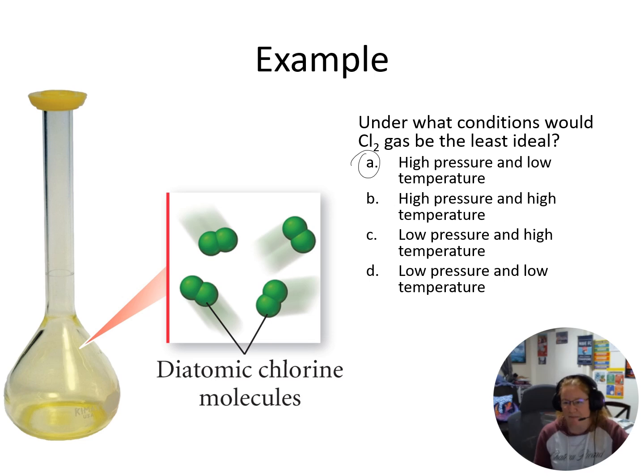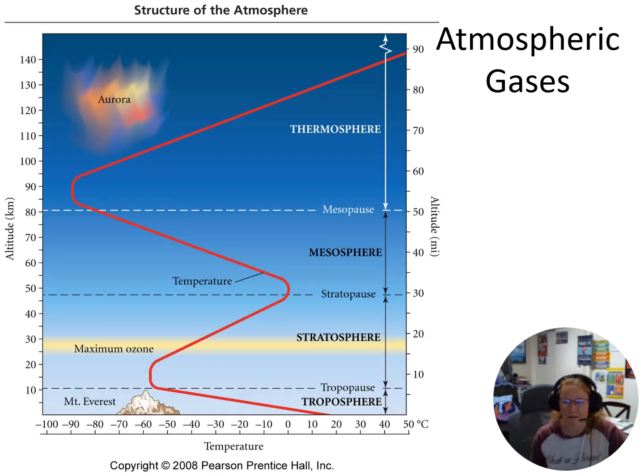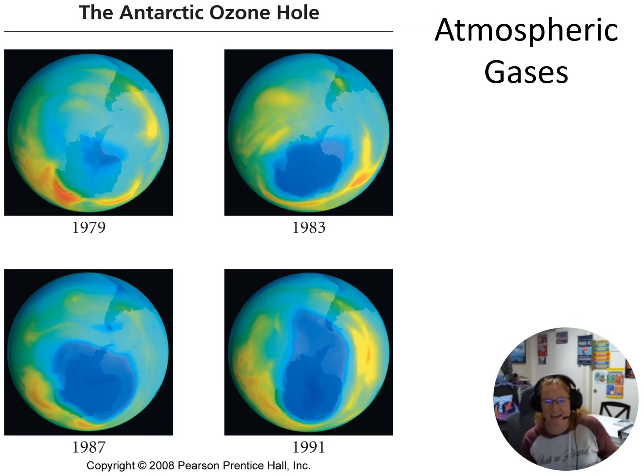Okay. And then some important things with real gases, when I look at atmospheric gases and I'm looking at the altitude and the temperature, we talked a little bit about that, the situation of, at a higher altitude, the air is thinner because the force of gravity is weaker. And so we get different pressures up there. Okay. And then when I look at our ozone layer, this is really cool. So when I was a kid, I was born in 81.